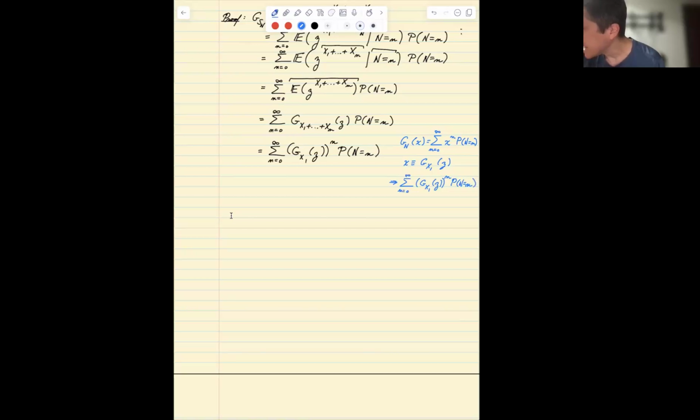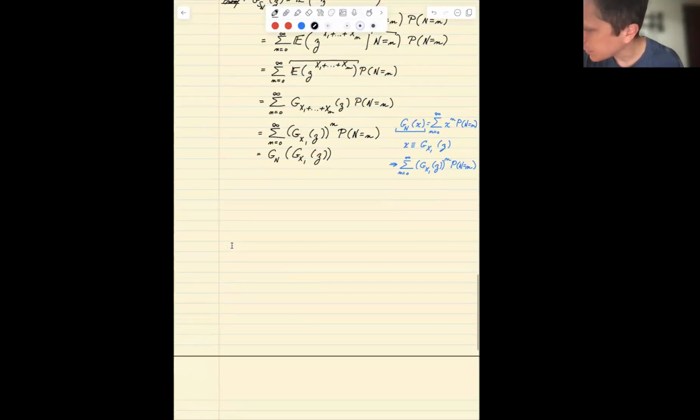So this is exactly the generating function of N, where the argument x is the generating function of X1 evaluated at z, which is exactly what we needed to show. Okay, so that's nice, and that can sometimes allow us to get some nice properties of these random variables. And let's follow this up with a couple of corollaries.